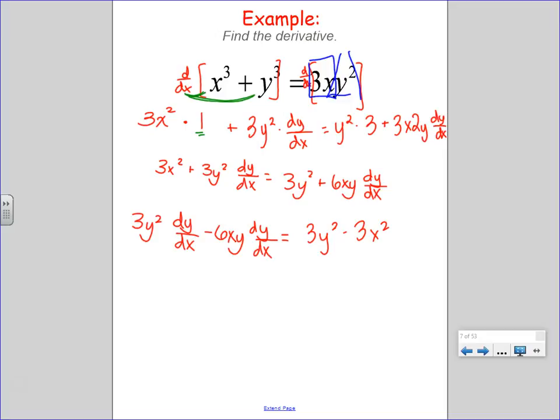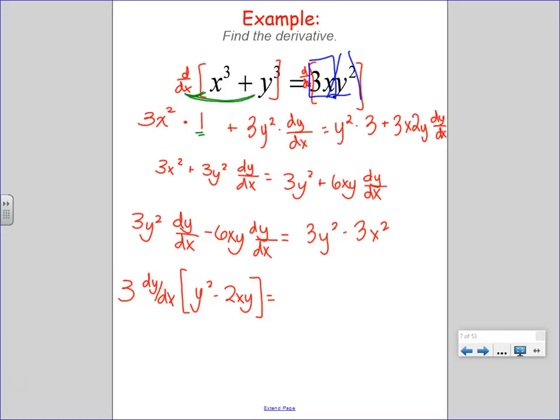And the purpose is, well, what do you guys see that we could do next? There are 2 different ways of going, and they're both fine. Take out a 3. Okay, we could pull out a 3. But what else could we pull out? dy dx. We end up with y squared minus 2xy. Is that okay?